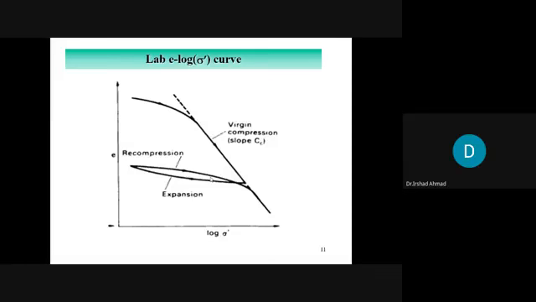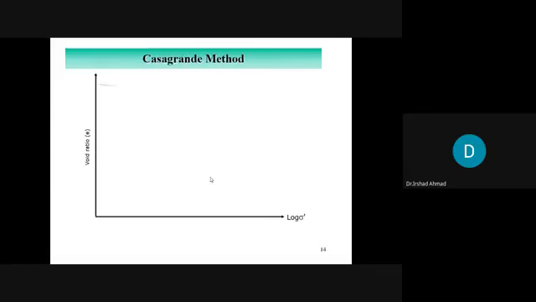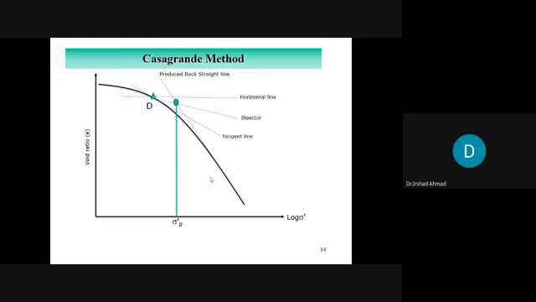This pre-consolidation pressure is the pressure that has acted in the past. This is the pre-consolidation pressure, okay? Using the Casagrande method. If this pre-consolidation pressure and the current pressure at the site are equal, then we have normally consolidated clay. If the current pressure is less than sigma p prime, we have an over-consolidated clay.